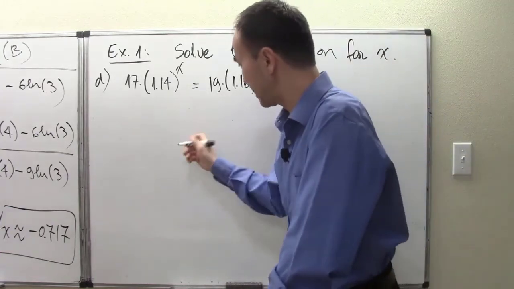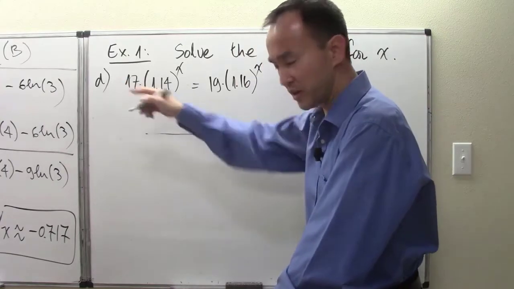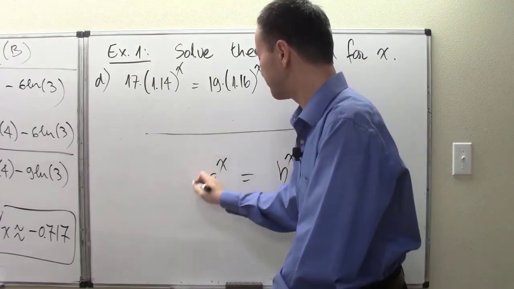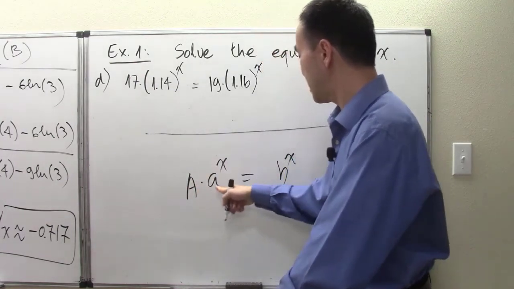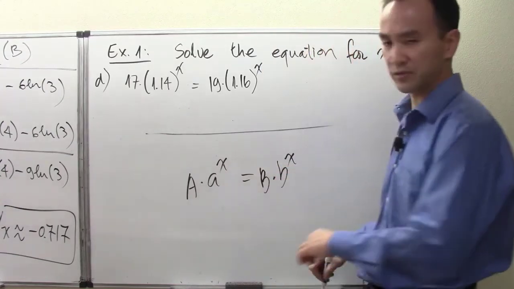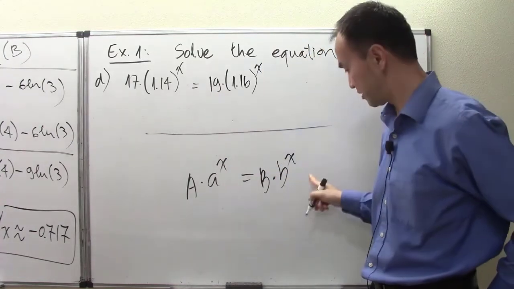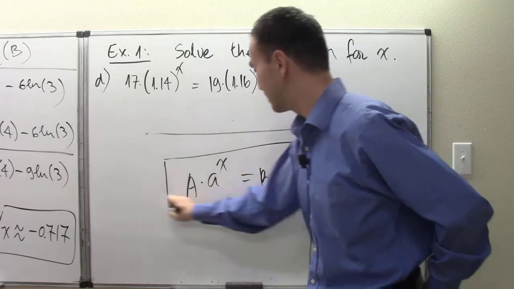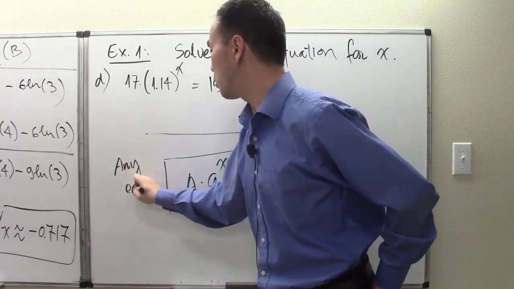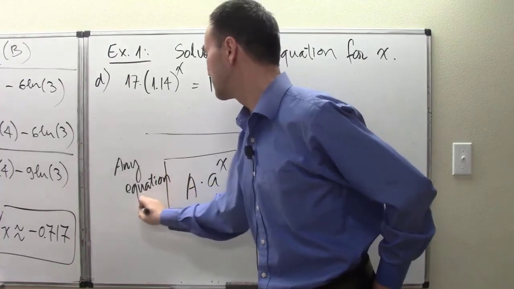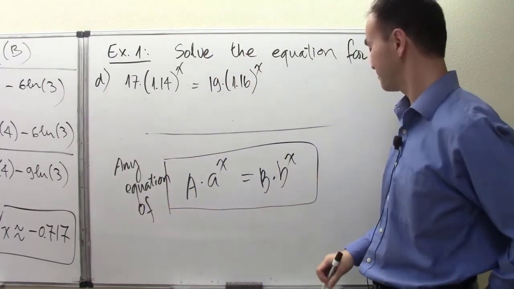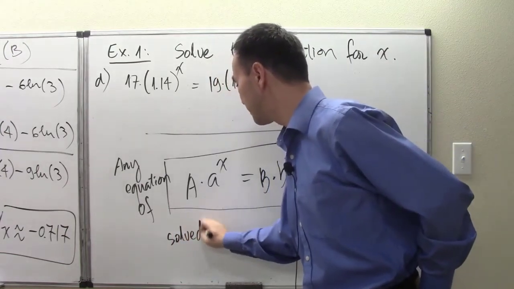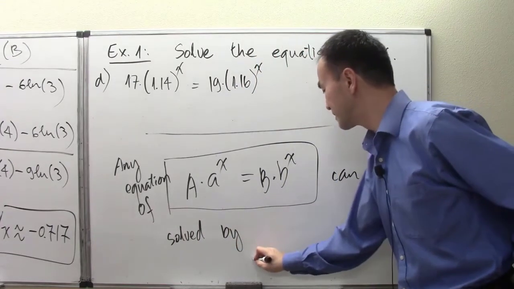So before I get into this problem, generally this method works particularly well for equations of the form a times a to the x equals b times b to the x. This is what that equation generally is, but with no constant terms involved. So any equation of that form can be solved by taking the logarithm.